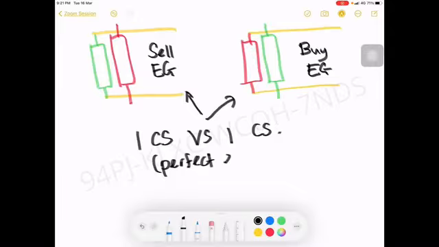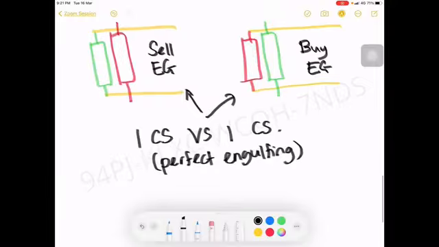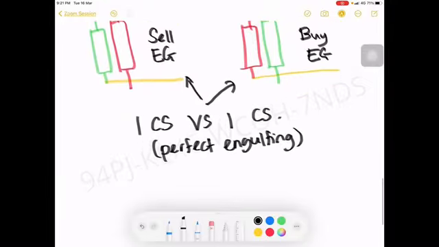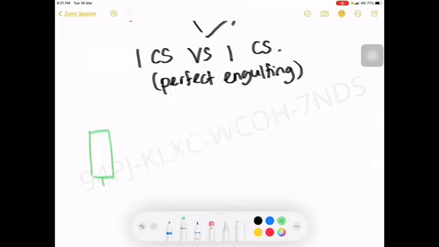So we are going to mark this candlestick, this one. Okay, so you mark this candlestick, or what we call perfect engulfing.